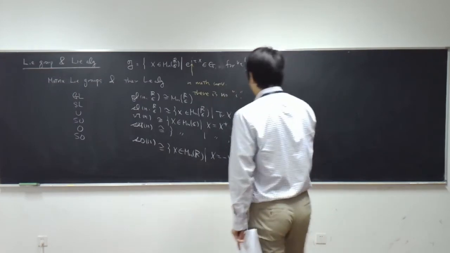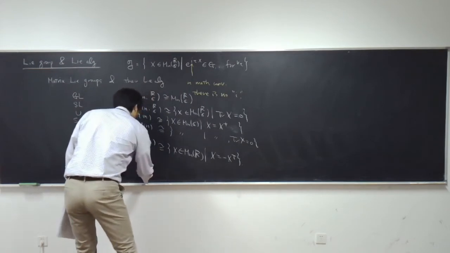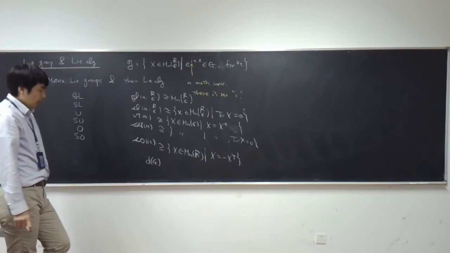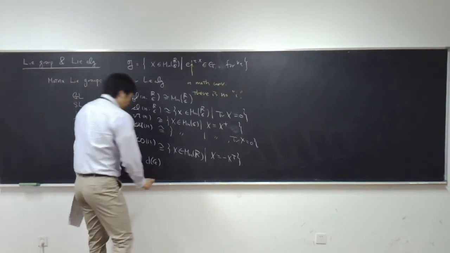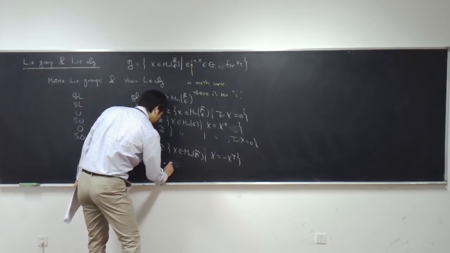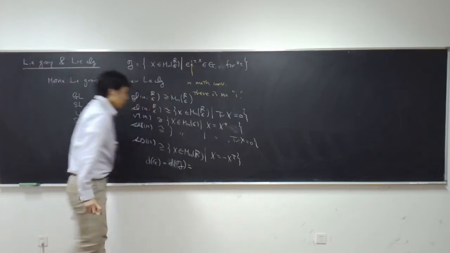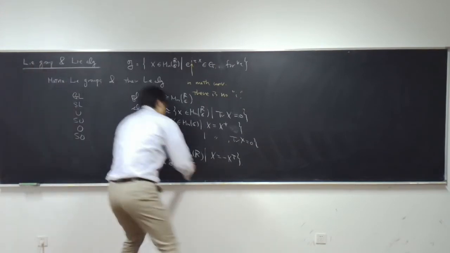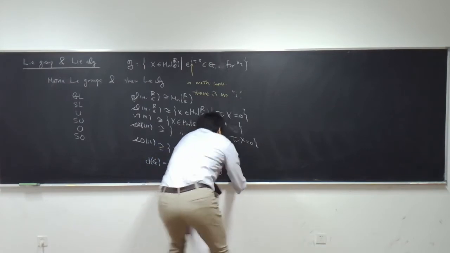I just want to give you the dimension of G, which is the same as the dimension of the Lie algebra G. This is the dimension as a vector space of the Lie algebra. These are matrices, so you can consider them as a vector space.